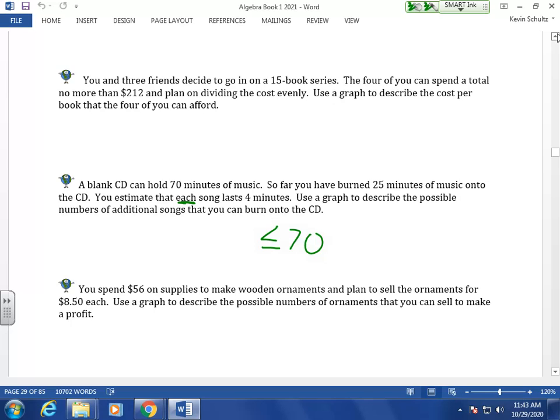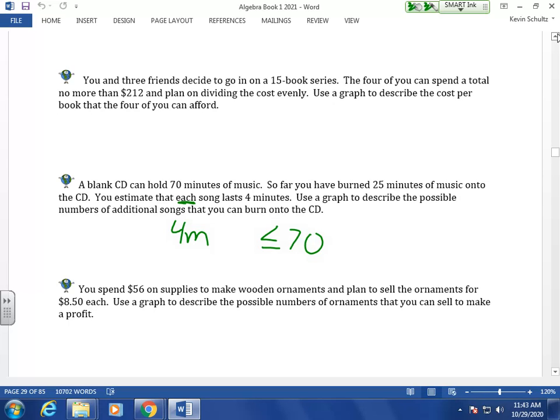Audrey? Multiplication, because that's our coefficient, right? So I'll use M for music because my S's look like 5s, but 4 minutes per song, okay? If we put one song on there, that's 4 minutes of time. We put 2 songs on there, 4 times 2 is 8 minutes of time. 3 songs, 4 times 3 is 12 minutes of time, right?